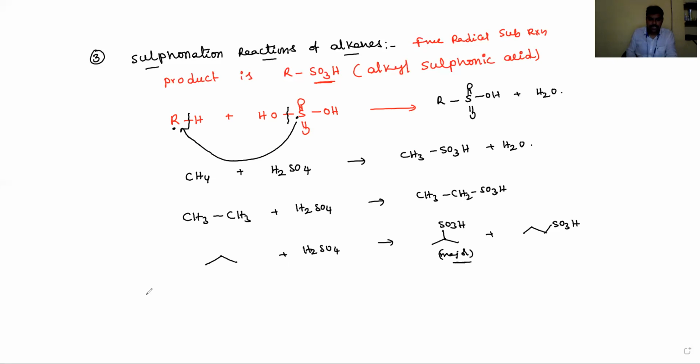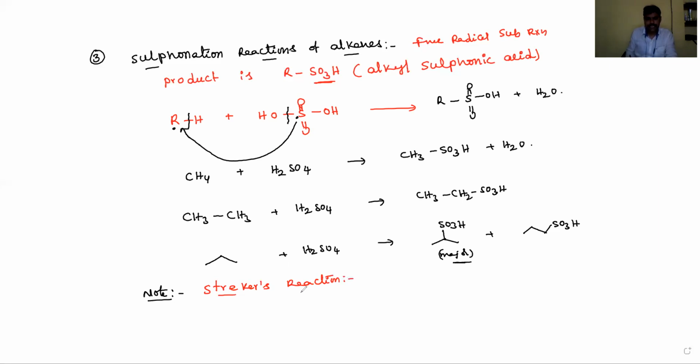Now, the alternative method for the synthesis of alkyl sulfonic acids is known as Strecker's reaction. What is Strecker's reaction? Let's see, dear students.